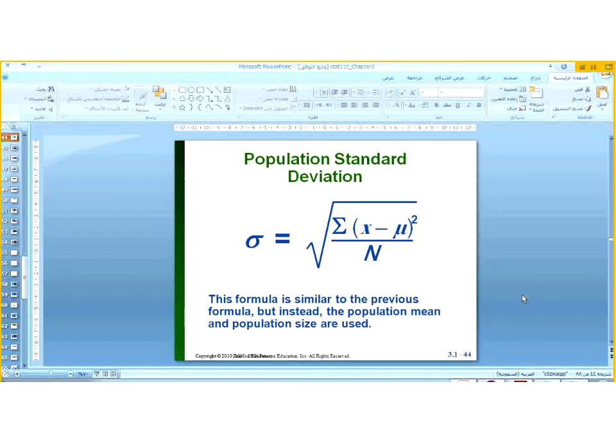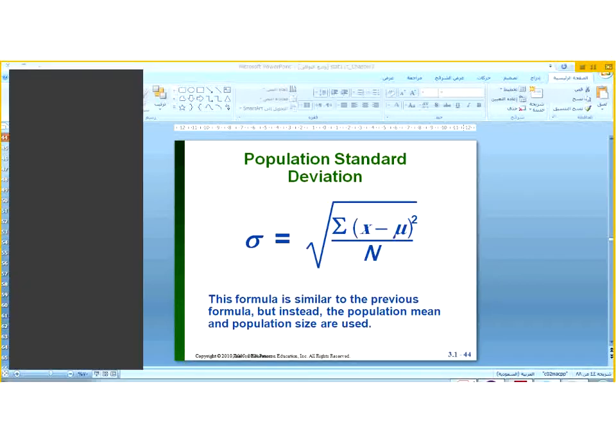So here is the formula to calculate the population standard deviation. What is the difference between the two formulas to calculate the standard deviation for the sample and the population? The first difference is here.